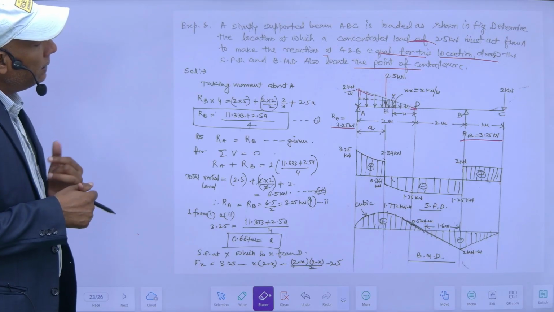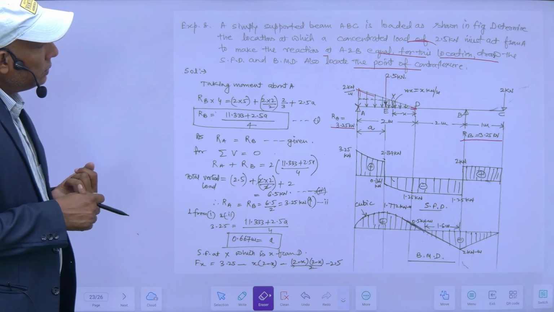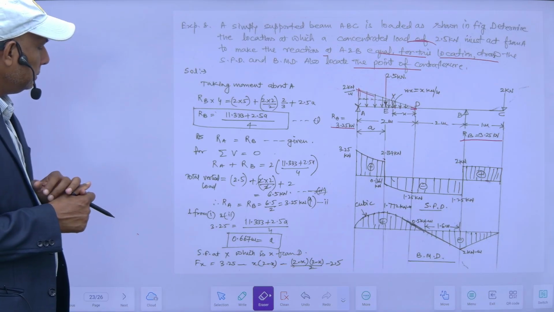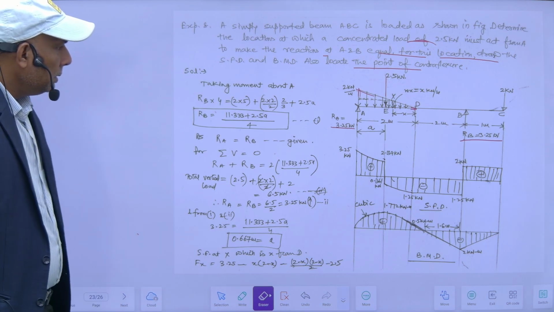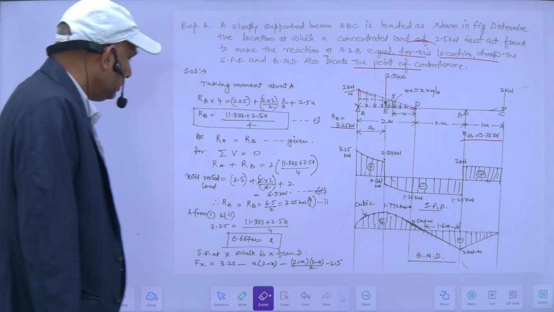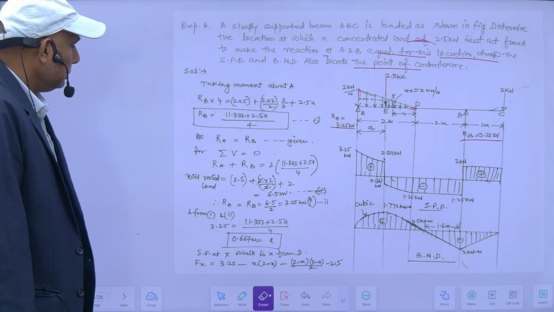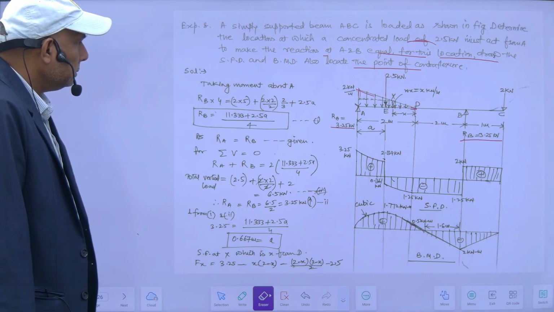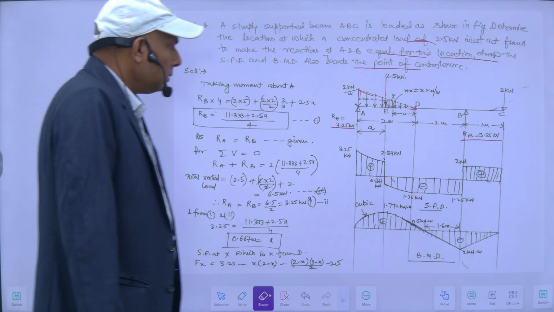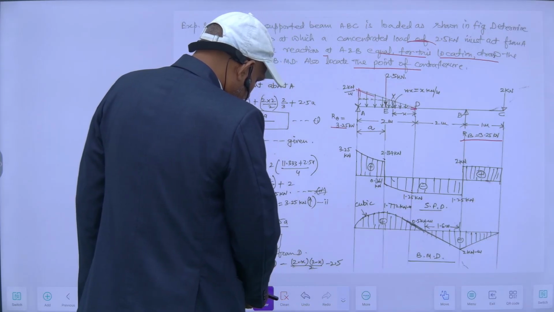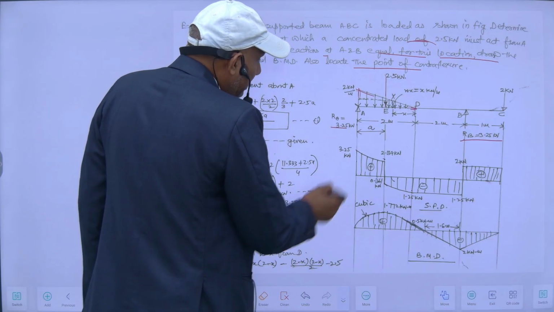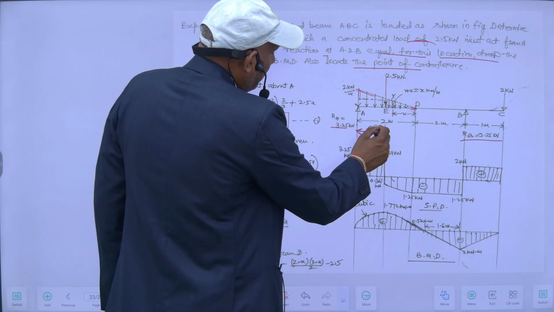Okay. Suppose this distance is A from here.